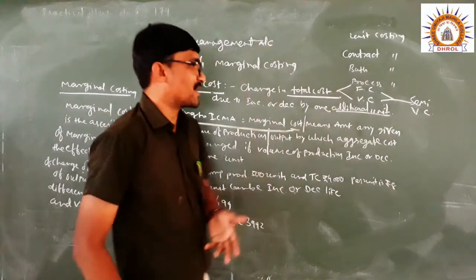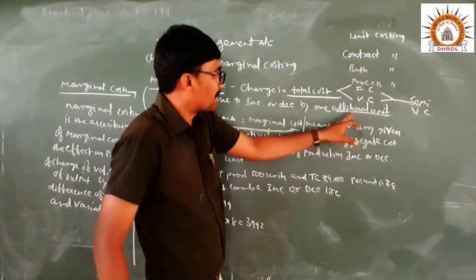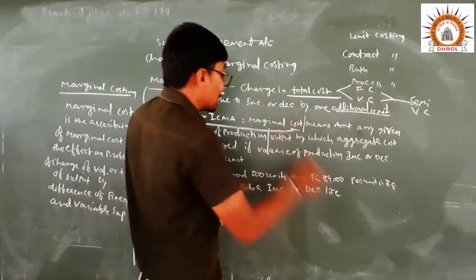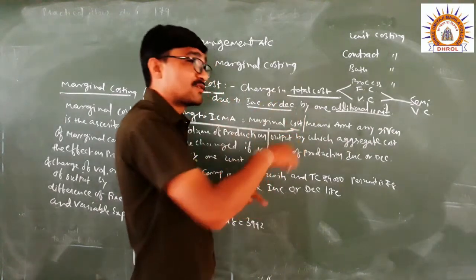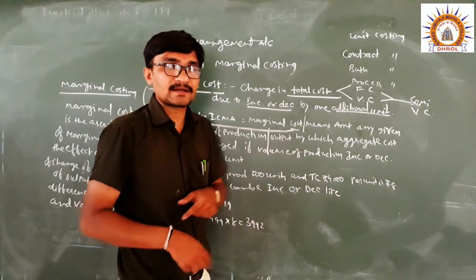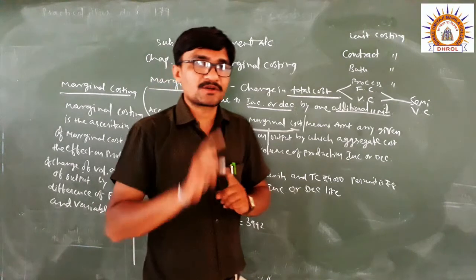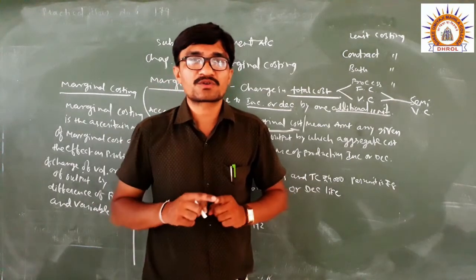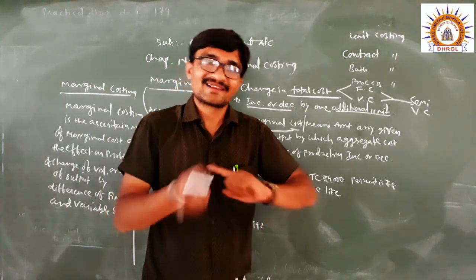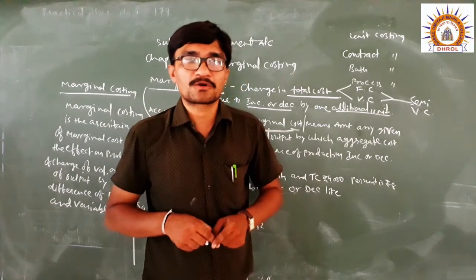Later on we will try it with an example. By one additional unit, the words increase or decrease are used. If one unit is produced, what will be the cost incurred, and does that cost affect the profit or not?